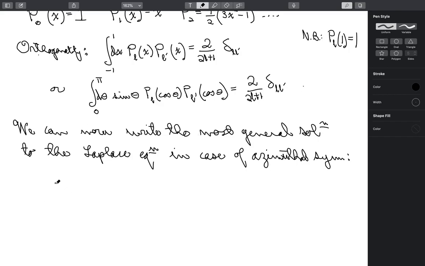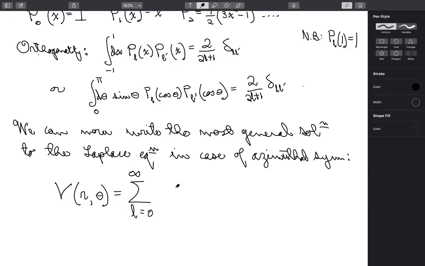So what's our general solution? V of r and theta, I remind you, azimuthal symmetry, so there's no phi dependence. It's the sum over all possible solutions weighted by their own coefficients.